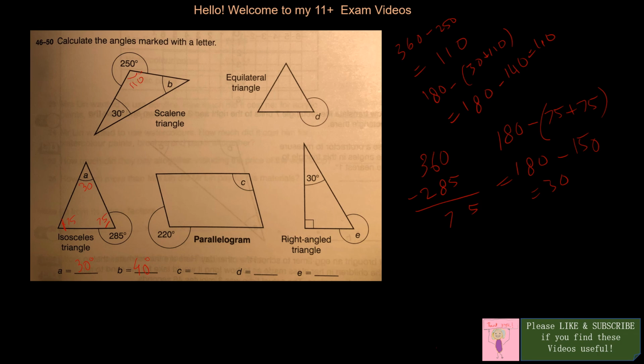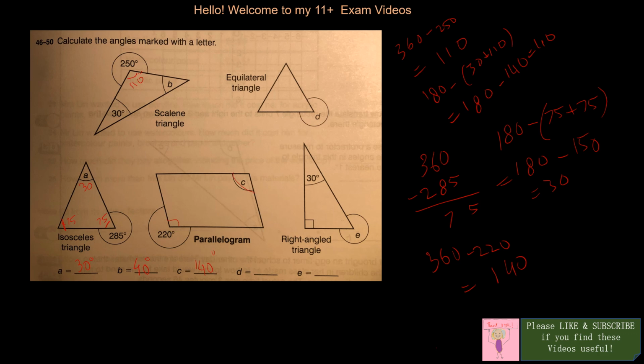C is the parallelogram. So this one is 360 minus 220, that equals 140, okay. So this is going to be 140 degrees.